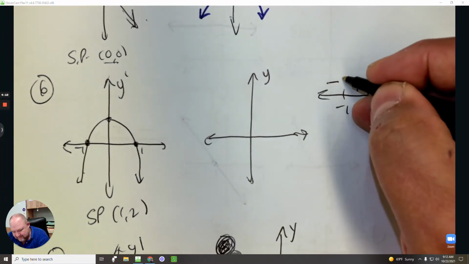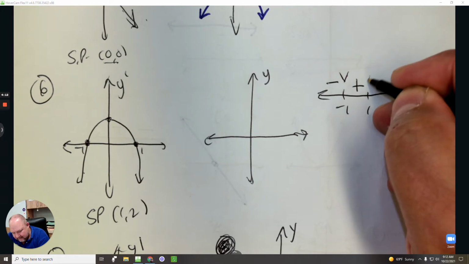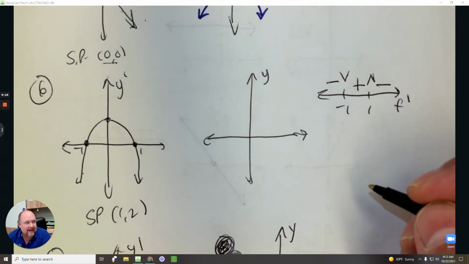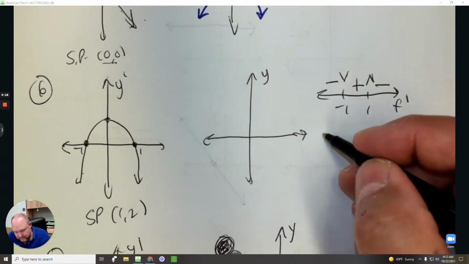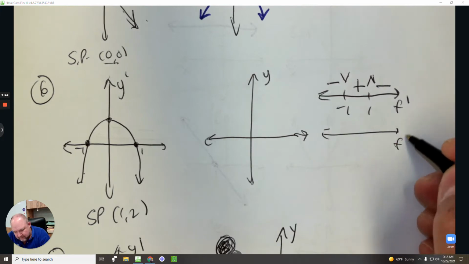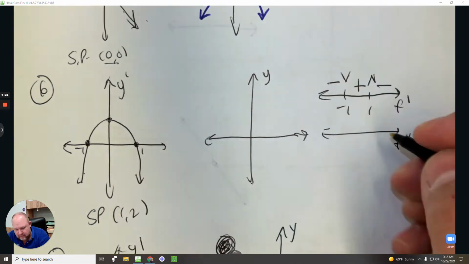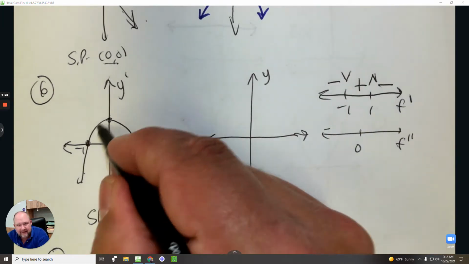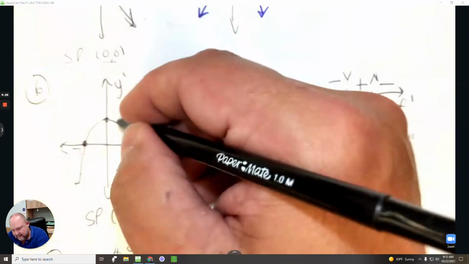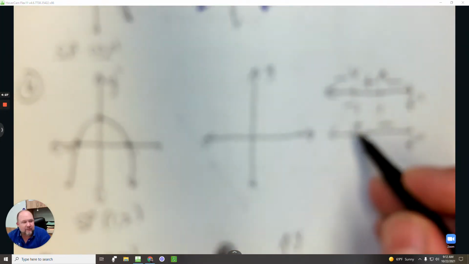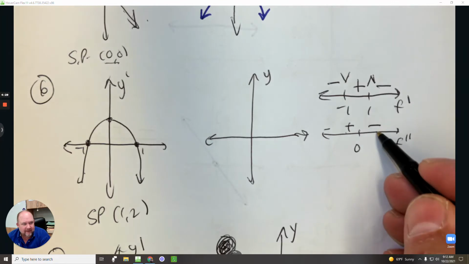So our function has a minimum at negative 1 and a maximum at positive 1. For the second derivative, I'm looking for the turning point. We have a turning point at 0. It increases, and then it decreases. So this tells me concavity, concave up, and concave down.